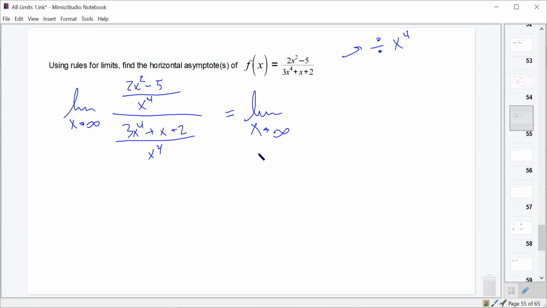Hopefully okay. All right, what about this numerator up here? 2x squared over x to the fourth ought to be 2 over x squared minus 5 over x to the fourth. And down here, we ought to get 3 plus 1 over x cubed plus 2 over x to the fourth. Everybody good with that?